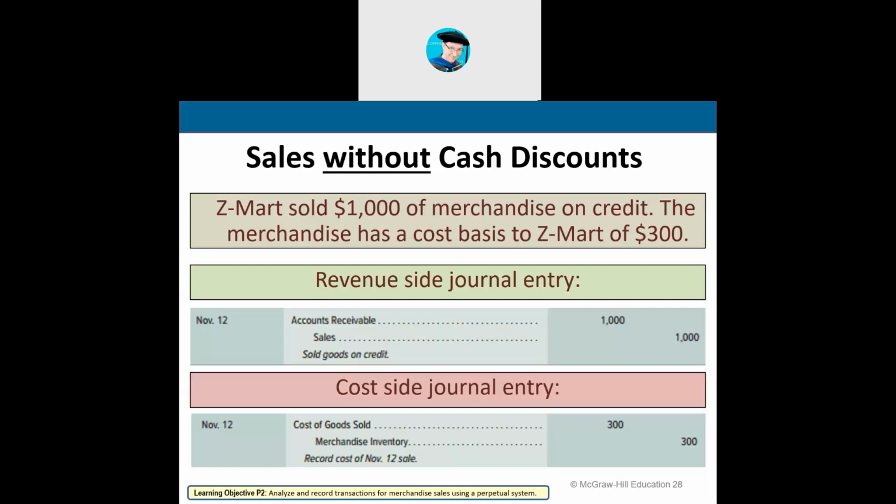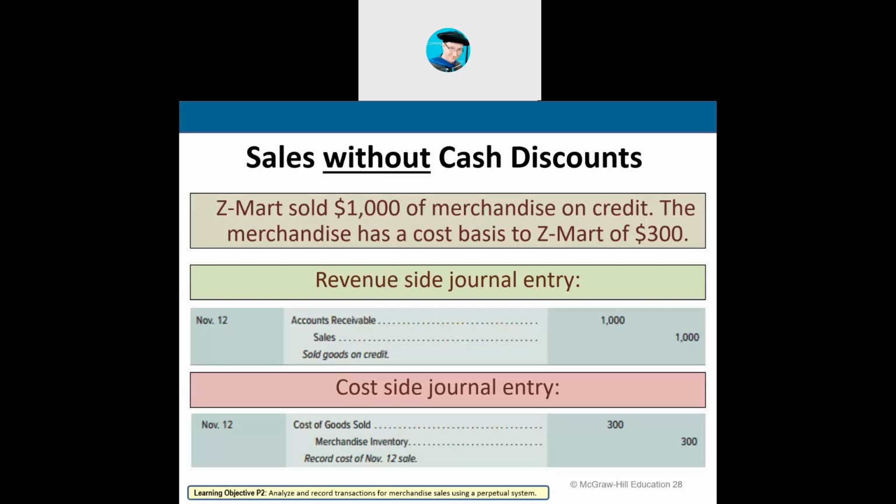Remember the expanded accounting equation: assets equals liabilities plus equity. Under equity, we have net income, which is revenue minus expenses. The revenue is sales. It's an equity account. That's why it's credited to increase sales.